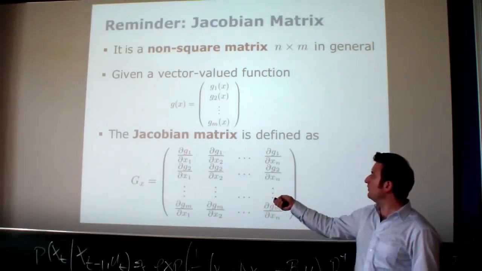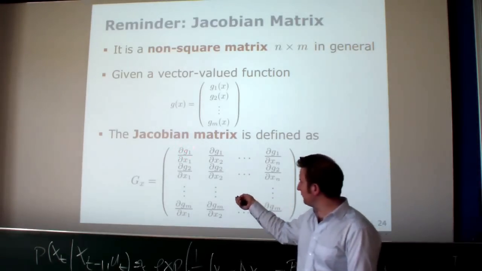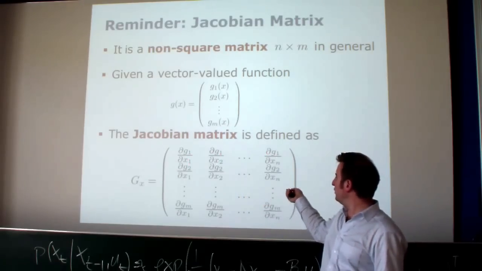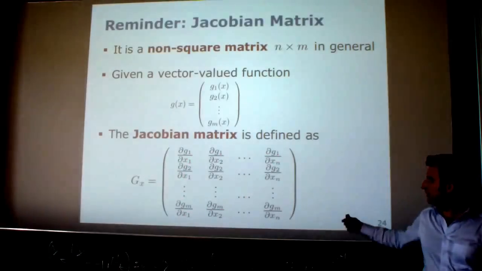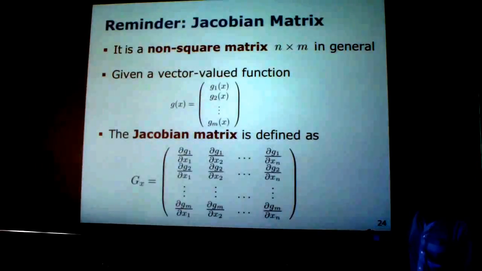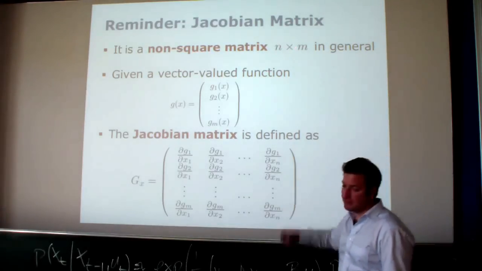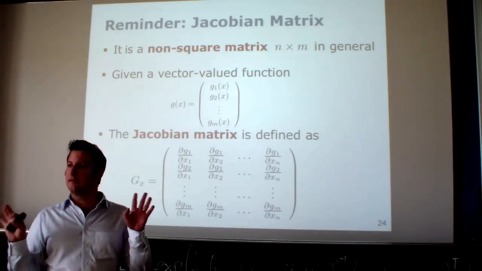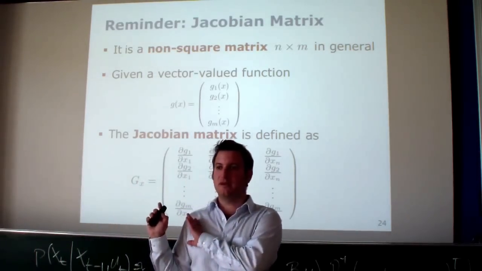So the partial derivative of G1 with respect to x1, G1 with respect to x2, up to xn, and this for all the components. So it's an m by n matrix. Okay, kind of clear? Any questions about this? Should I repeat that?